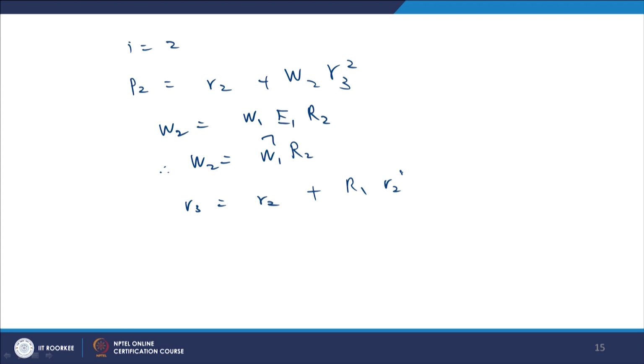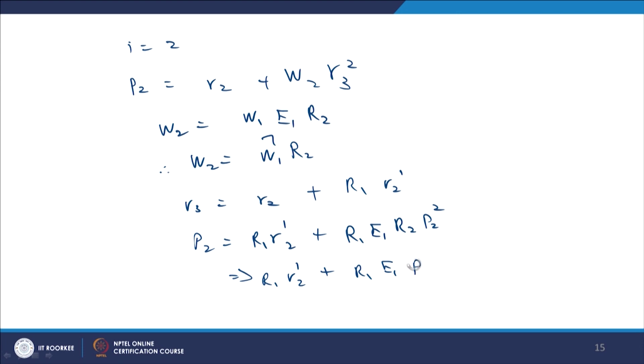So, having defined, we have the vector P_2 equal to R_1 R_2 defined in 1 plus R_1 E_1 R_2 R_3 defined in 2.